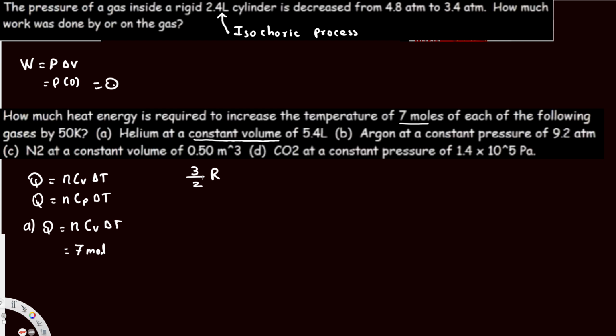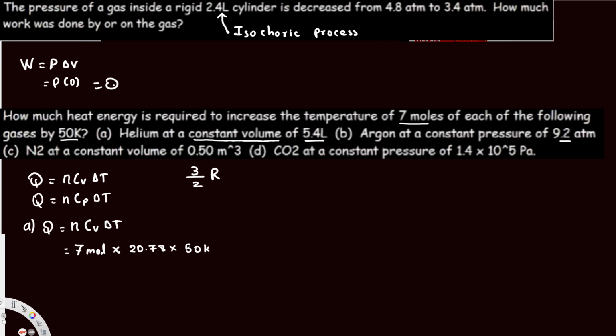If you multiply those, you will get the Cv value. For helium, it's a monoatomic gas, so you can use this number, that is 20.78, multiplied by the temperature change, which is already provided, so we don't have to calculate it separately. Since the temperature change is provided, the volume or pressure is not useful for us.